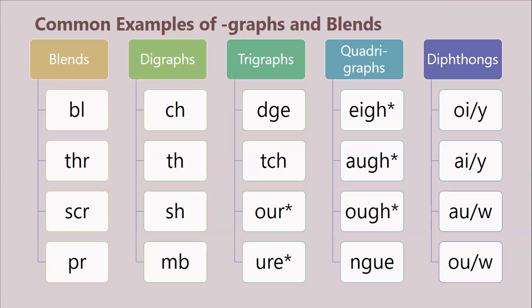So technically trigraphs and quadrigraphs, if you just say digraph, I'm pretty sure other teachers or whoever cares about this stuff will know what you mean. But you only hear one sound despite multiple letters being there. And then diphthongs are two vowel sounds smushed together. So teaching those are also fun.